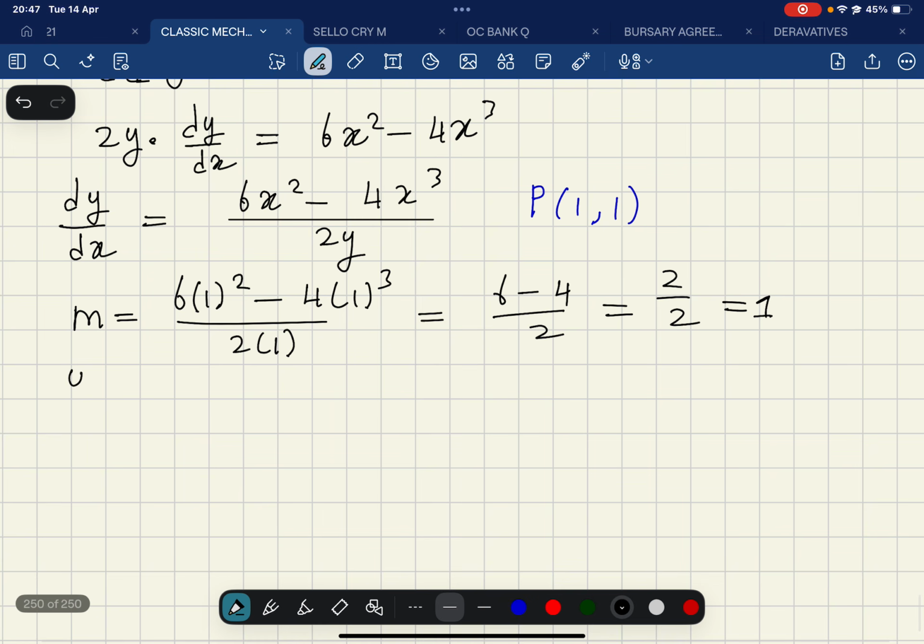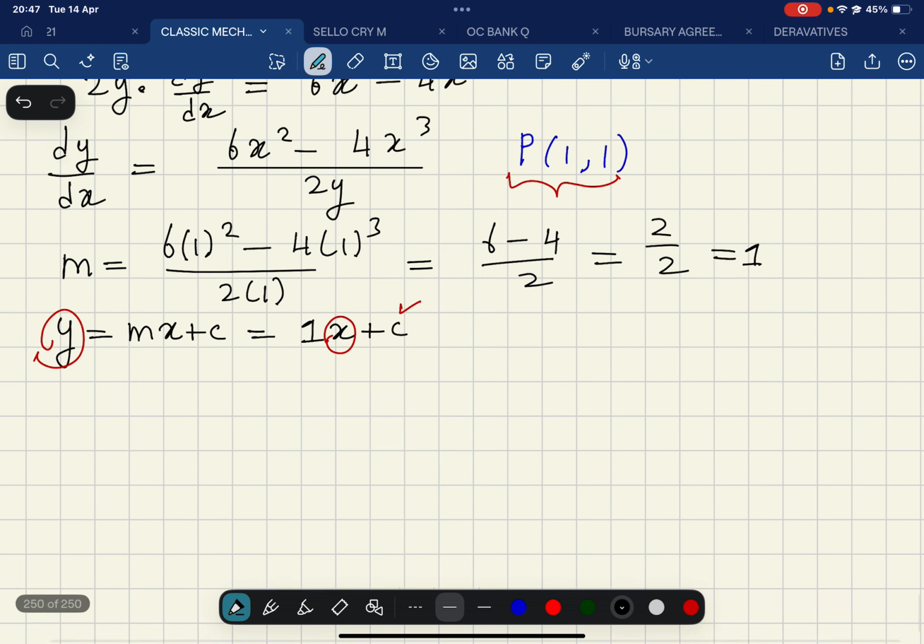So on our formula y equal to mx plus c, our gradient is 1 times x plus c. Now we have to solve for the value of c, which means we must plug the value of x here and the value of y here from the point given there.